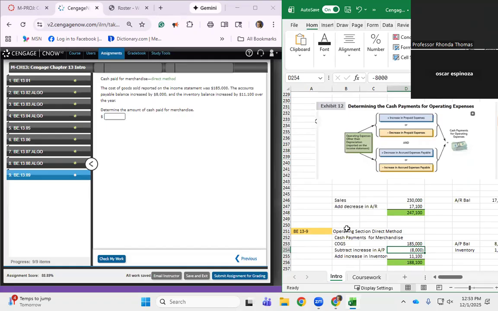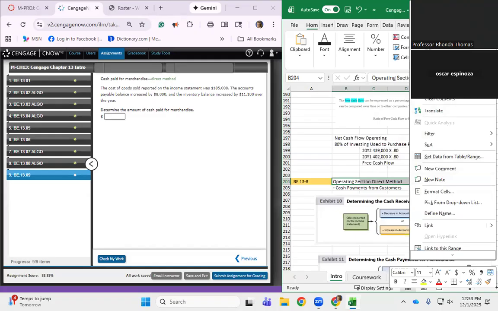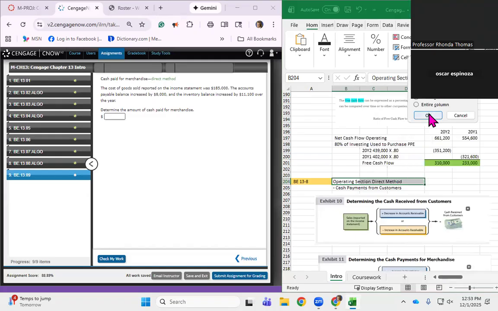Remember, this is the direct method. I'm not going to make you do any calculations on that. So just be aware that these last two are the direct method.